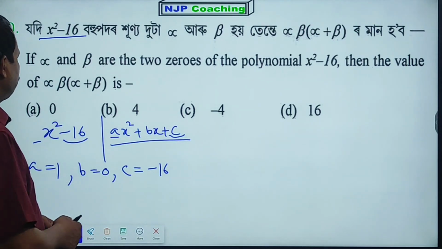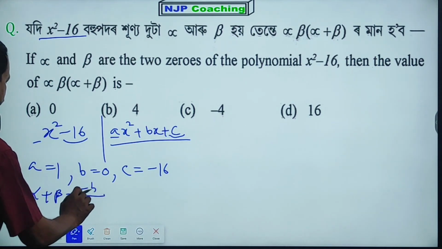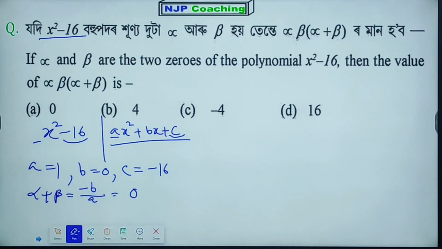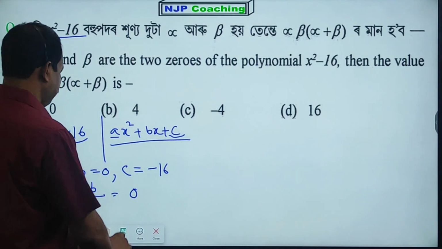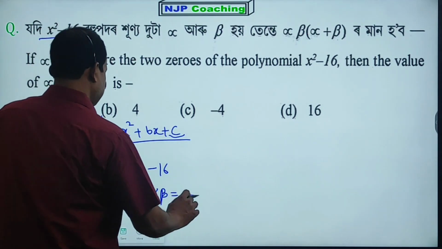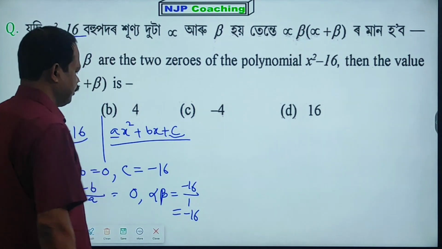Alpha beta are two zeros. So what is alpha plus beta? Alpha plus beta is minus b by a. That means b value 0, so 0 by a, 0. Alpha beta, what is alpha beta? C by a, minus 16 by 1, minus 16.